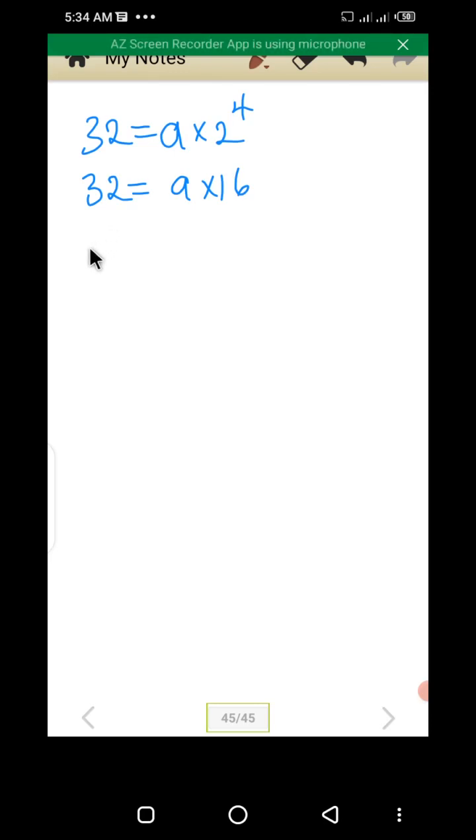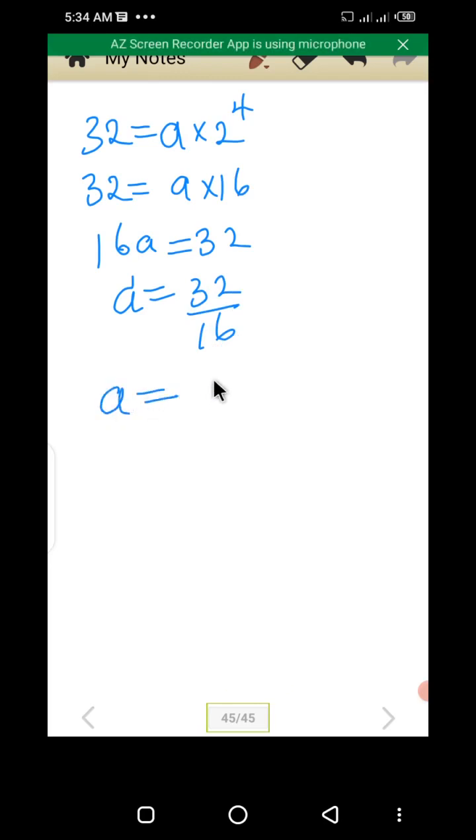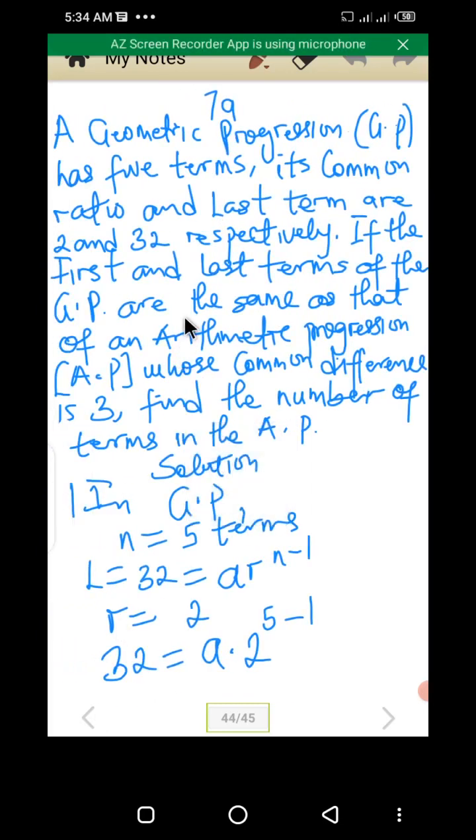This can also be written as 16a equals 32, so a is 32 over 16. a is equal to 2.